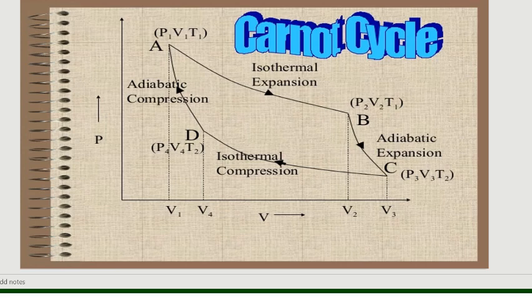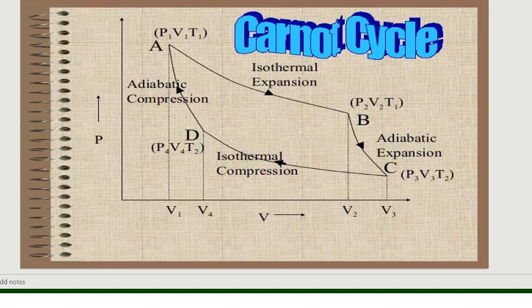So here I'll just briefly go over the Carnot cycle. Initially, in the first step, isothermal expansion, the cylinder is kept on the source where pressure falls from P1 to P2, volume increases from V1 to V2, and temperature remains constant. That curve is represented by AB.